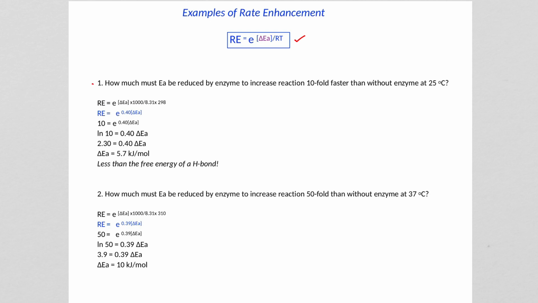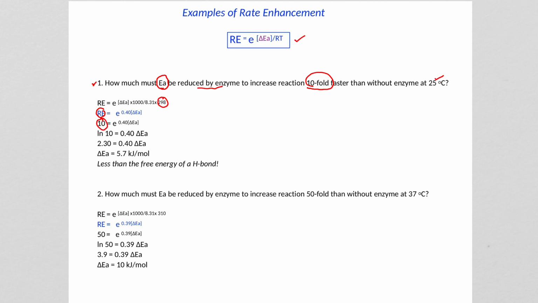So for example, in example 1, how much must the activation energy be reduced by the enzyme so that the reaction is 10 times faster at, let's say, room temperature, 25 degrees Celsius. So you can put these numbers in. 25 Celsius is 298. And then the rate enhancement is 10 times, so this is 10.